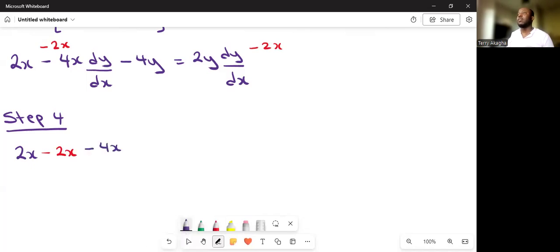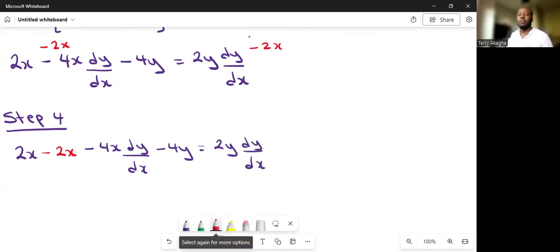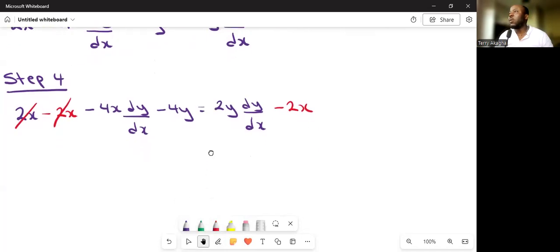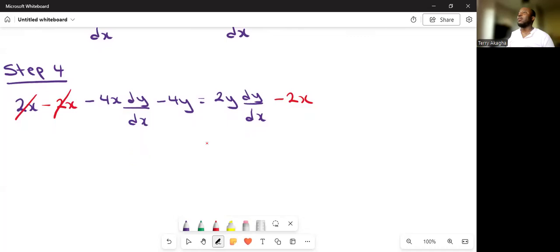Minus 4x dy over dx minus 4y will be equal to 2y dy over dx, then minus 2x. So this will cancel that. Now the next thing is that we need to remove minus 4y from the left-hand side.